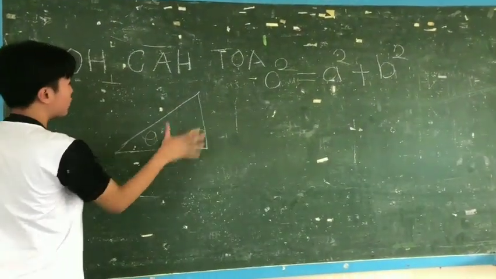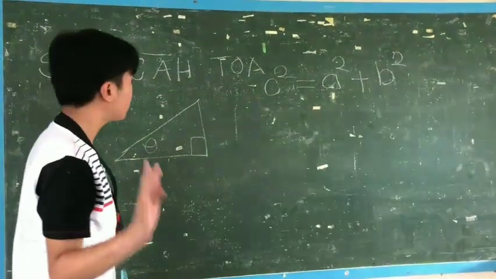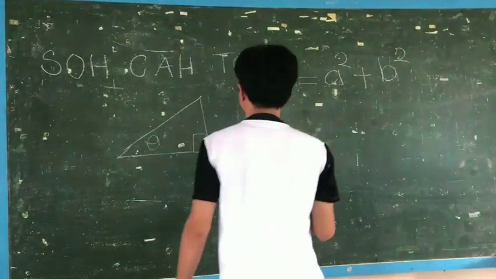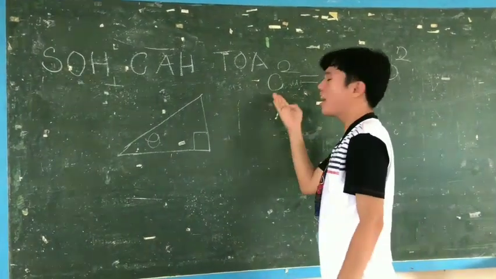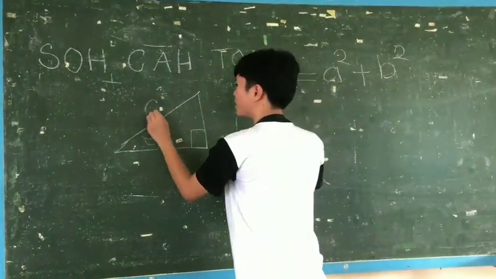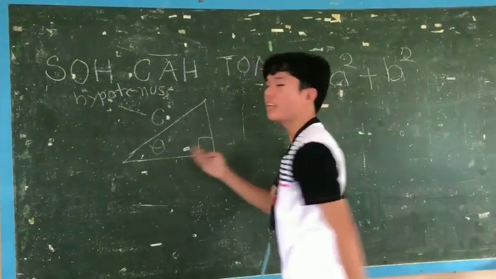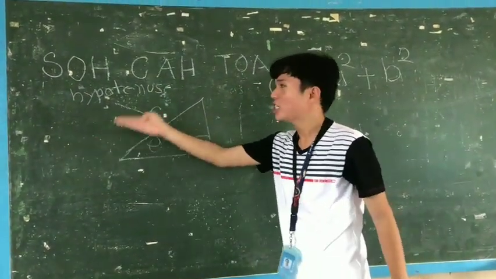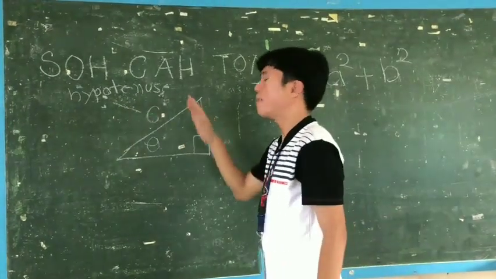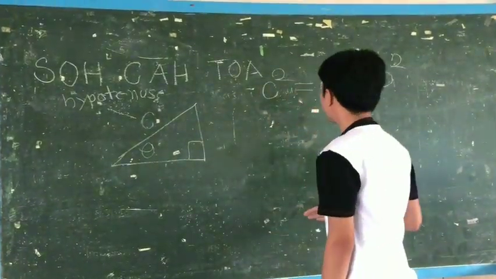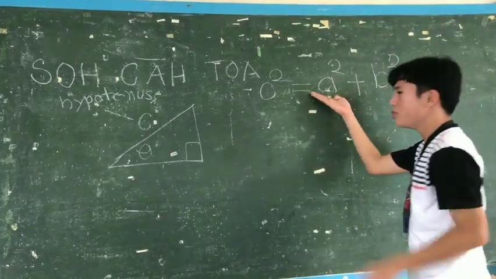In these 3 sides of a triangle, we should determine which is which. So the C means the hypotenuse. So this is the C, also known as the hypotenuse side. It's also known as the longest side among all of the 3 sides of the triangle. Next is the A, which means adjacent.